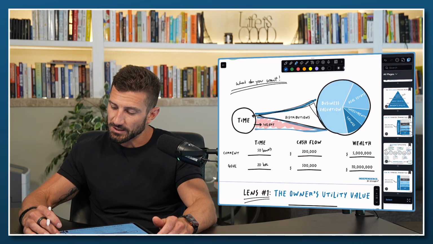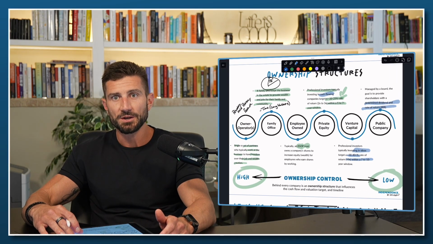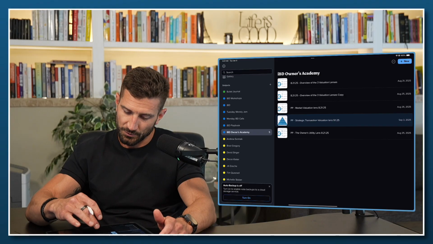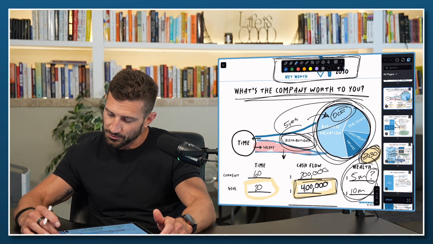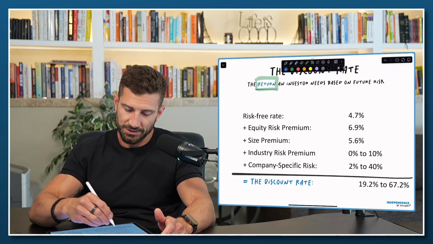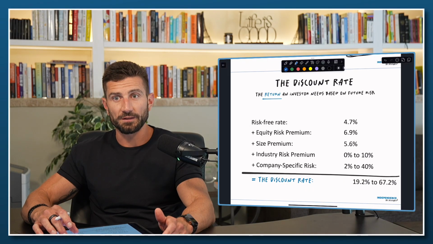So all of these companies are looking up at that build-up methodology. I'll just pull it up real quick. This is from the owner's utility lens, and this build-up methodology is how all of capitalism works.